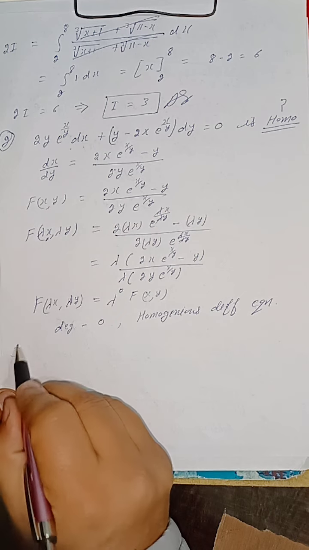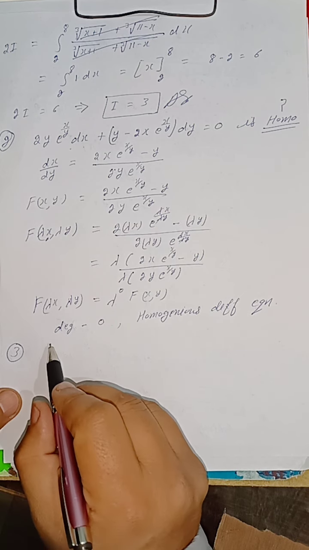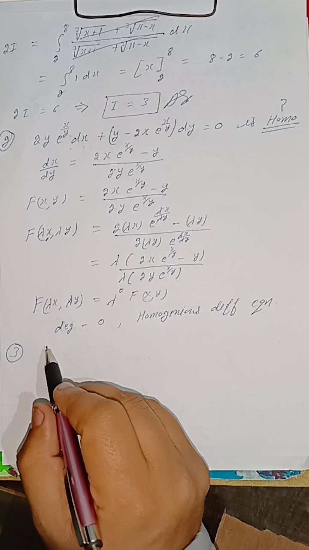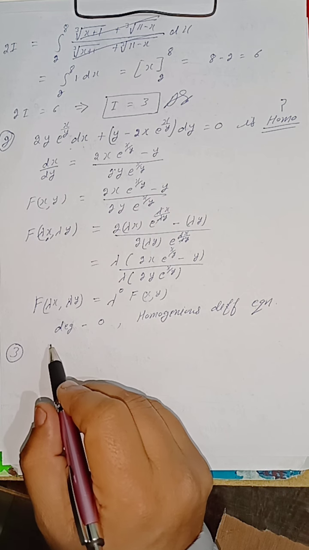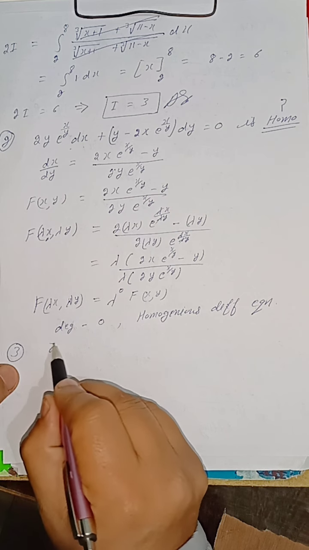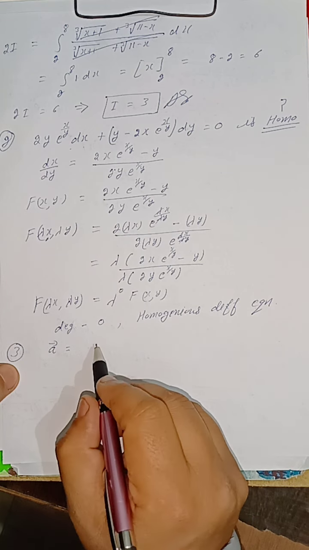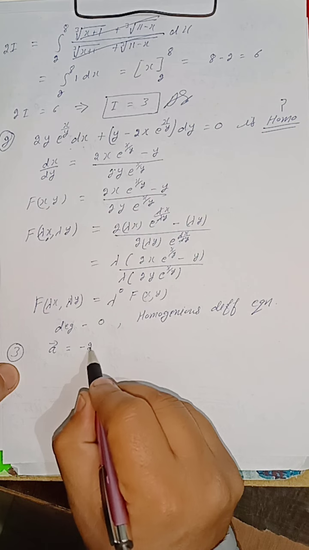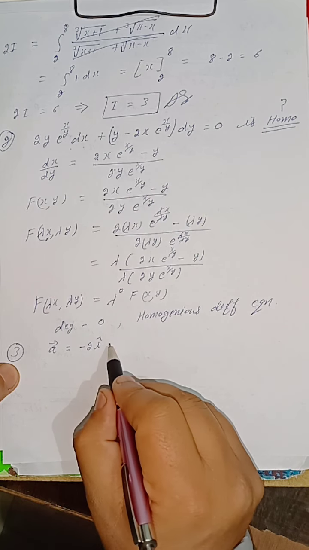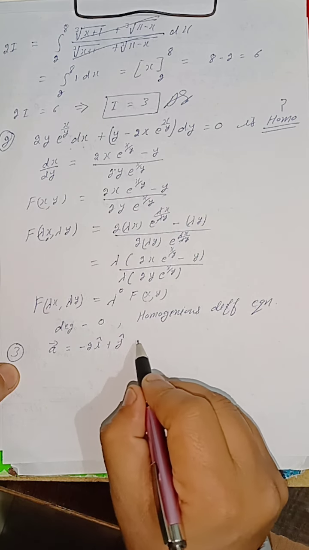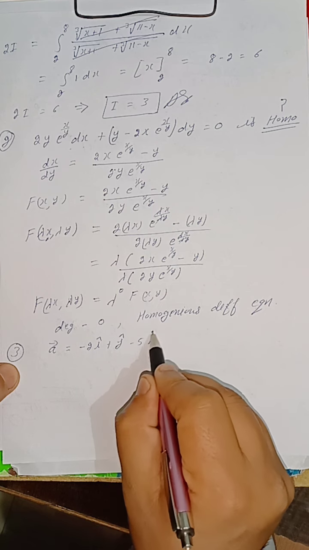Now the next question, which is very simple. Write the direction cosines of the vector. I can write the vector a as 2i cap plus j cap minus 5k cap.